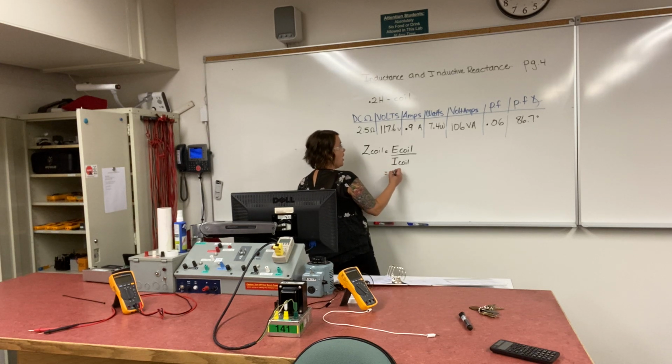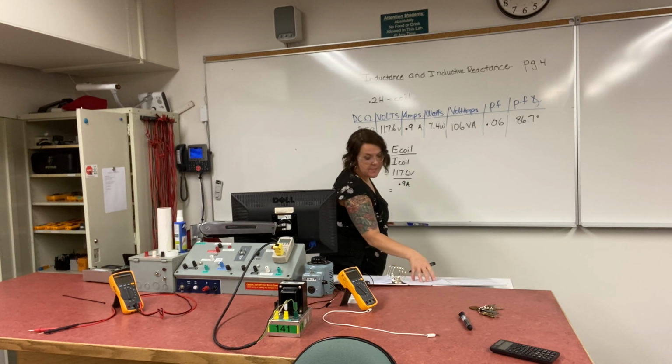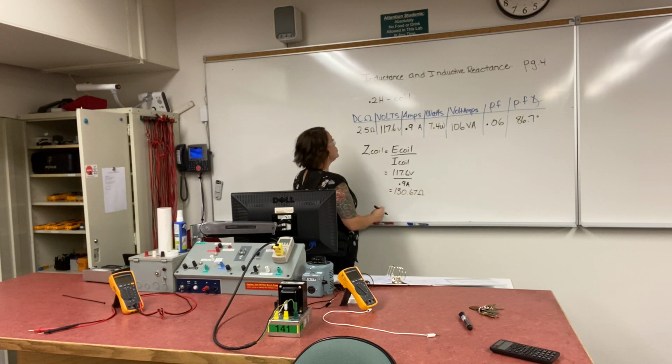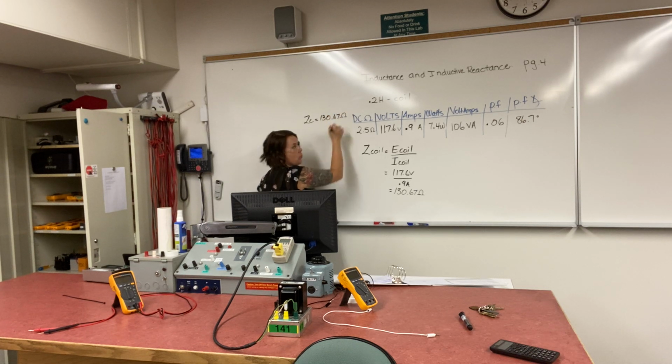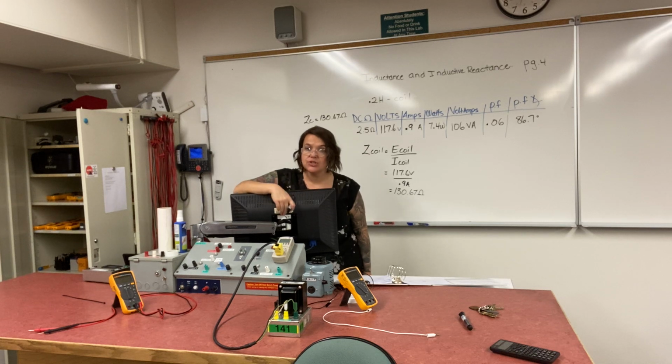So I'm going to go 117.6 volts divided by 0.9 amps, and my impedance comes up to be 130.67 ohms. So I'm going to put that information here: Z coil equals 130.67 ohms.